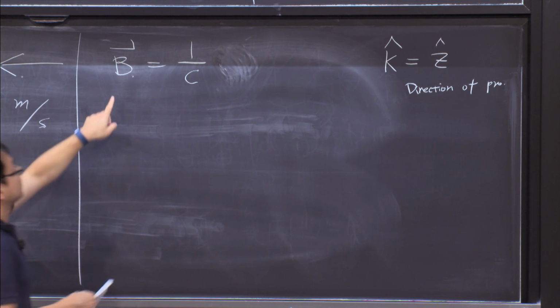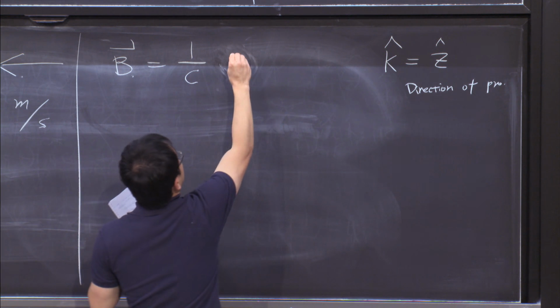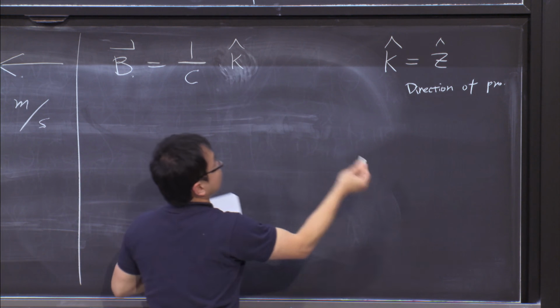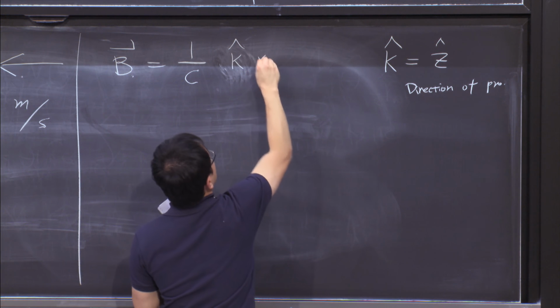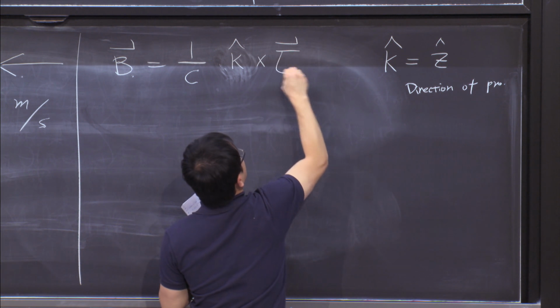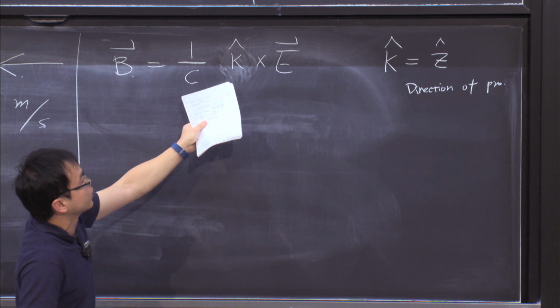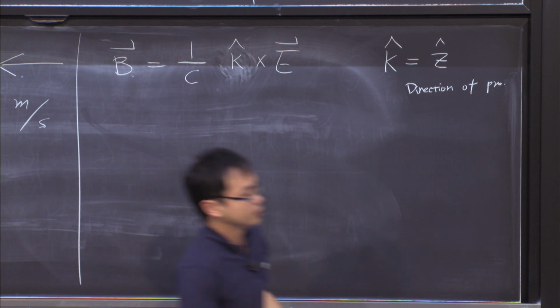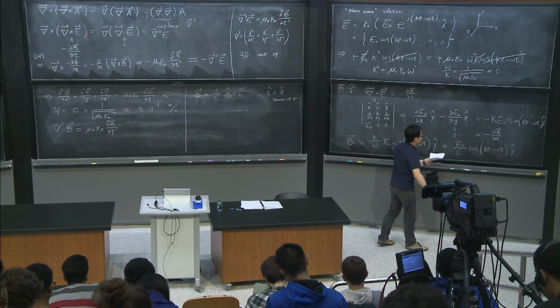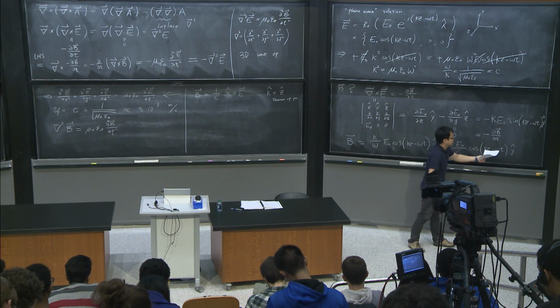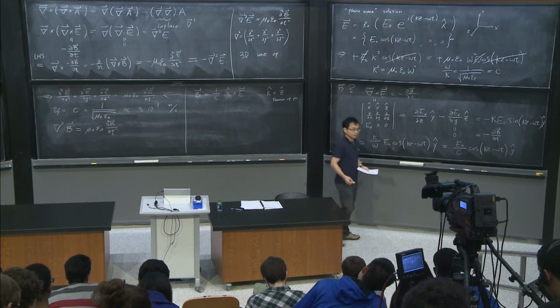I can express B by k hat, the direction of propagation, cross the E field. We can check this: z cross x gives you the y direction.